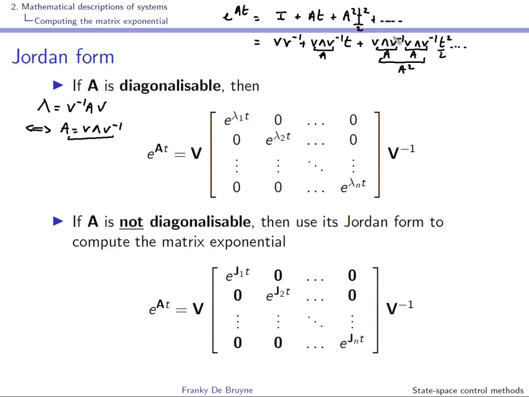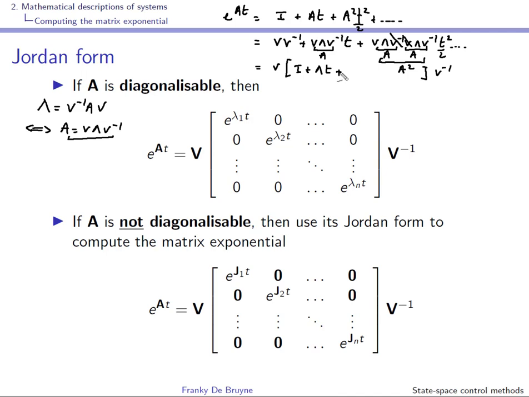Okay, so the V^-1 and the V will cancel out, and you will always have V in front and V^-1 at the back. So you can rewrite this as V times something. In this case it will be the identity matrix, because at the end I'll multiply by V^-1, and here I'll have Lambda t.